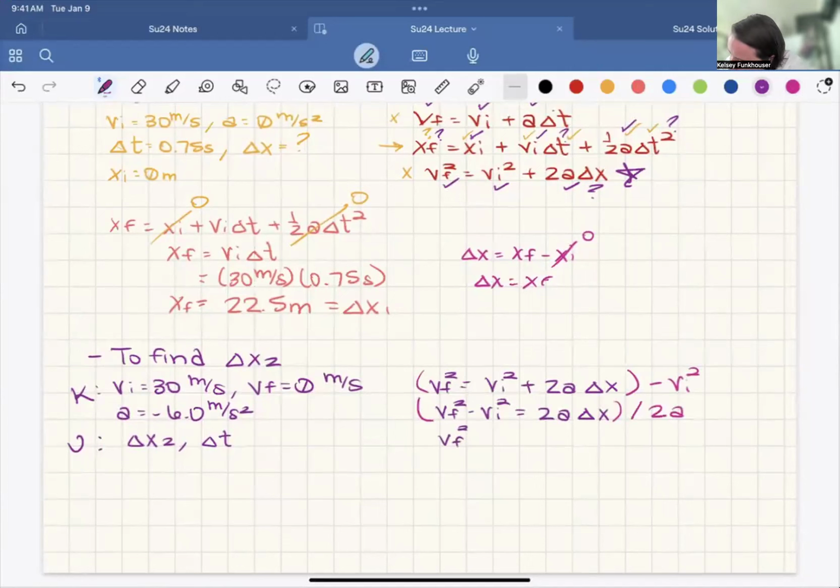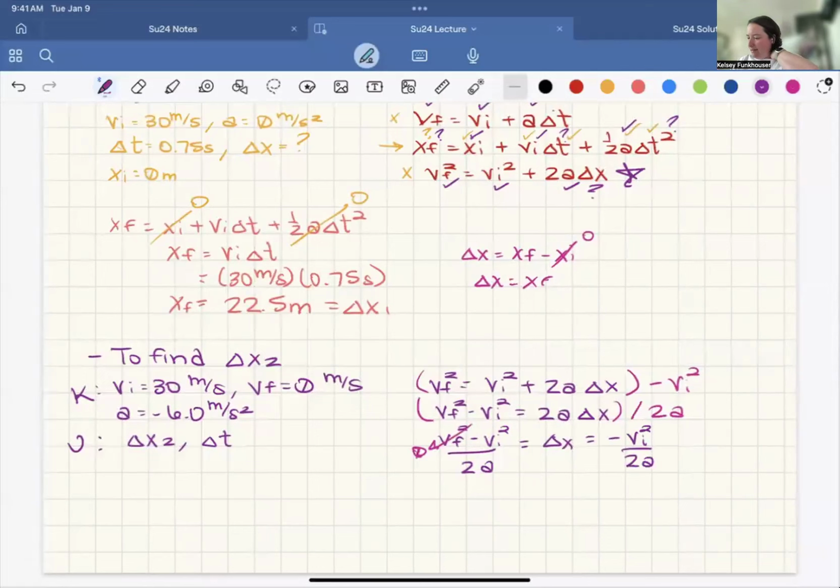So that will give us V final squared minus V initial squared over 2 times the acceleration equals the displacement. And that's what we're looking for. And then one more thing we can do is say that V final is 0. So the actual equation here is going to be negative V initial squared over 2 times the acceleration.